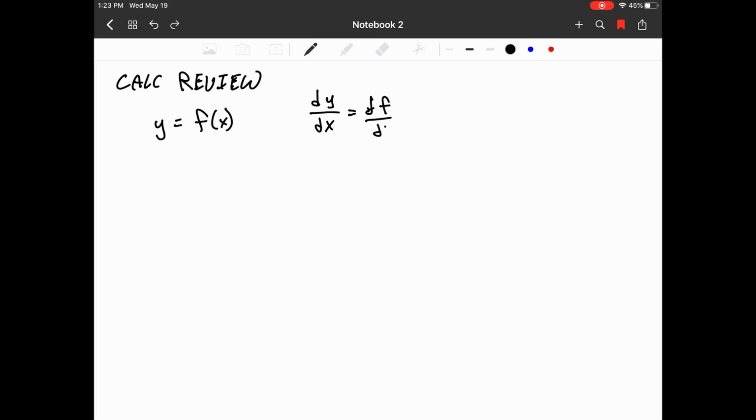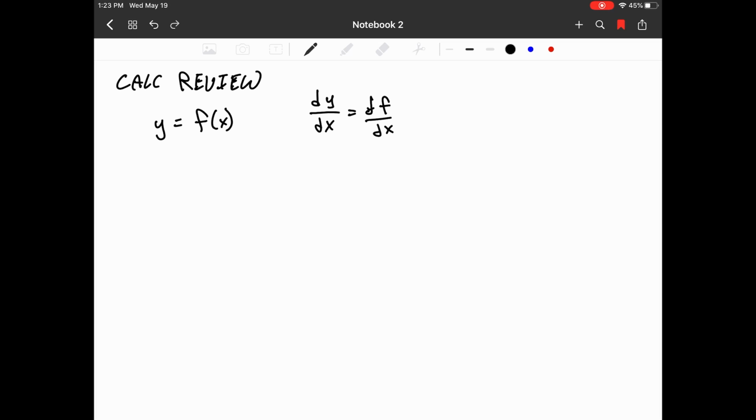So we're just looking at the one variable and how it affects the function when it changes. Or another way of thinking about it is the slope on the graph.